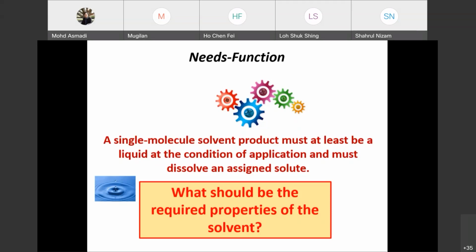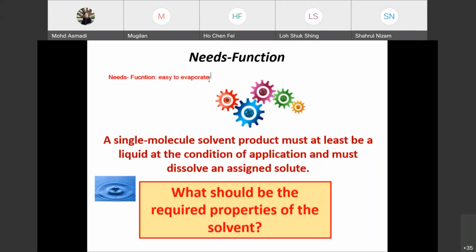For example, your need function is easy to evaporate. If easy to evaporate, what are the properties of the solvent?